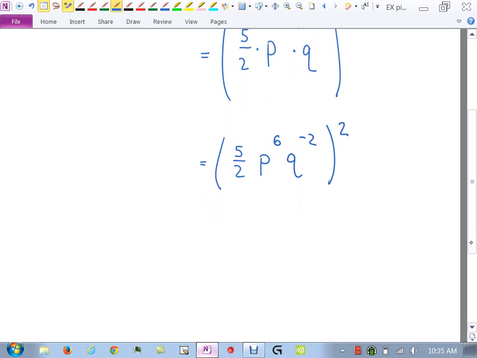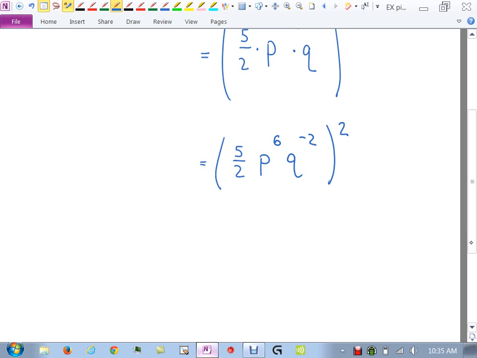All right. We're not done. Go ahead and tell me what property you want to use, what you want to do here. As long as it's a legal algebraic move, I'll do it. You want to do property 4? Okay, good. I like that one. Property 4 says if I have things being multiplied inside and a power on the outside, the power can go to each one. How many things do I have on the inside? 3. 1, 2, 3.